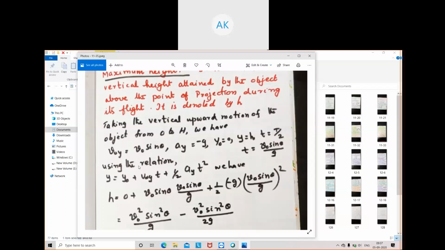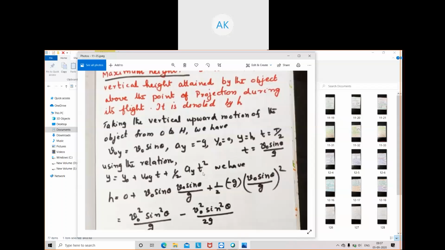So we have to consider this equation: y equal to y0 plus v0y into t plus half ay into t square. For maximum height, you take this equation, and for horizontal range, we take the other equation: x equal to x0 plus v0x into t plus half ax into t square.